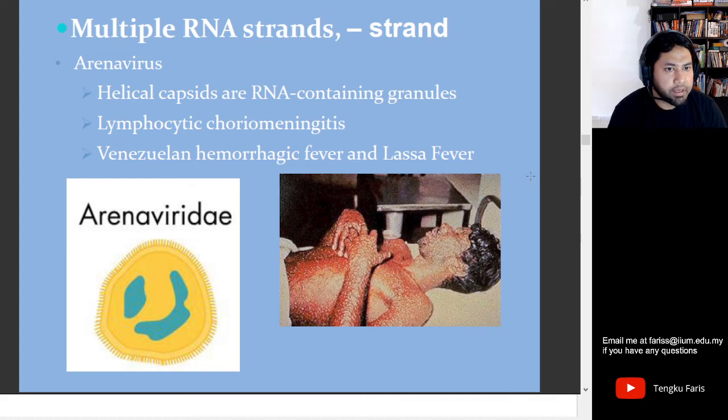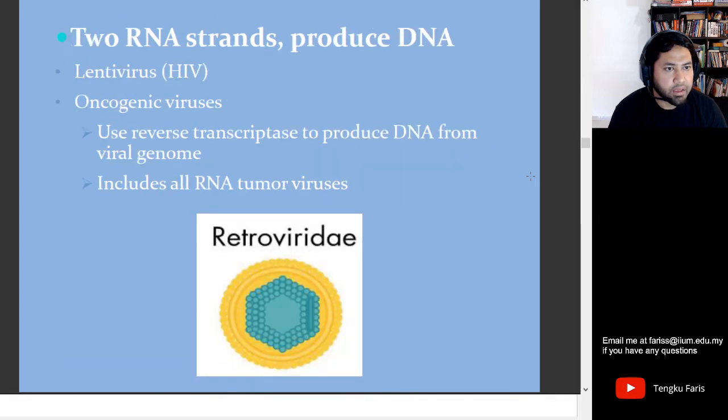Retroviruses are another type of multiple RNA strand with a negative sense component. Two RNA strands produce DNA. This is the lentivirus that causes human immunodeficiency condition, or HIV, as we call it.